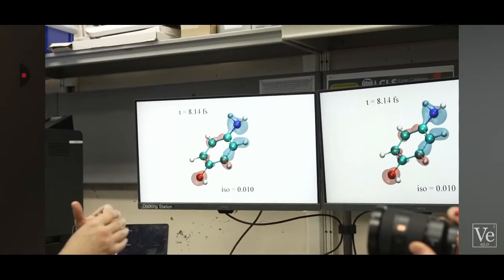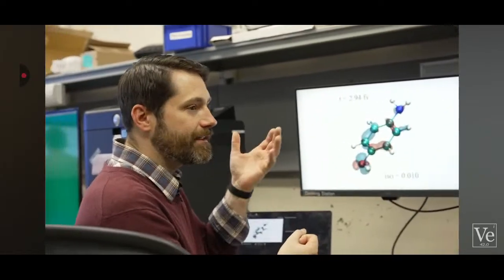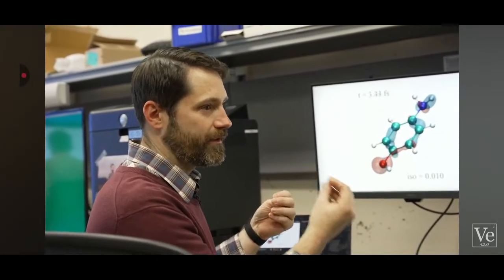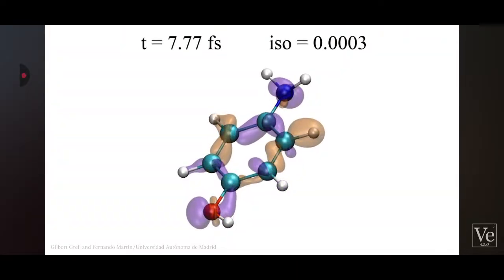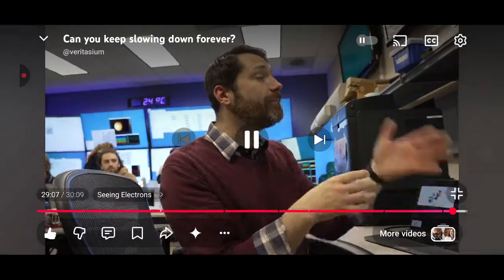So they simulate an X-ray pulse coming in and removing an electron. So the red color here represents an increase in the density of the electron, and the blue represents a decrease. And so we see that when we've shined this X-ray pulse onto this molecule and we've removed an electron, we initiate some charge distribution that starts to move across the molecule. And so we want to image.